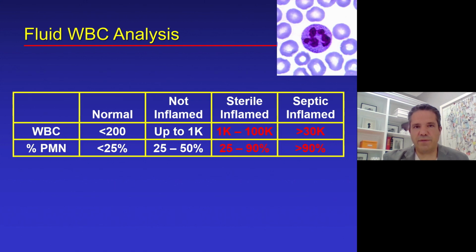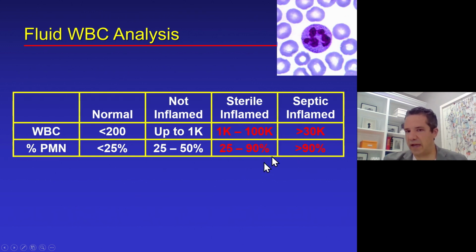You're going to send it for a few things. You want to send it for gram stain, culture, and cell count, and often crystals. The cell count can help you determine if this is an inflammatory effusion. The distinction, though, between a sterile inflamed process or a septic process is a bit dicey.